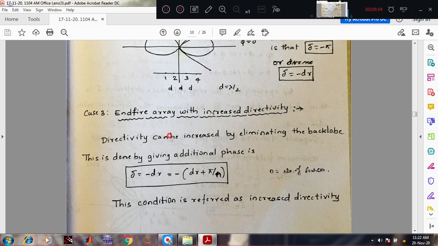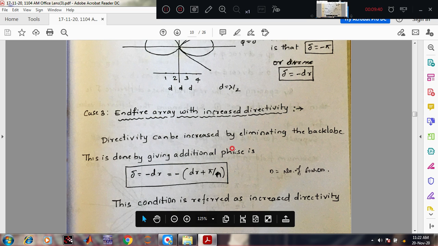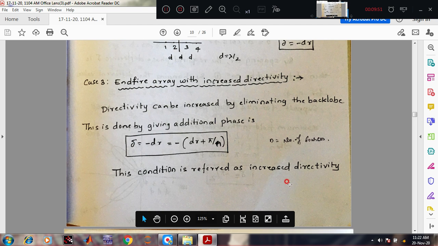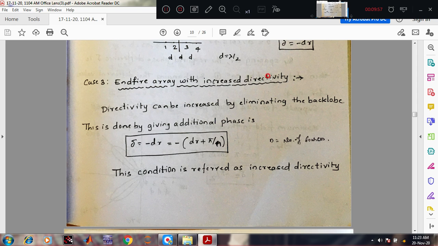Directivity can be increased by eliminating the back lobes, which are the undesired ones. This is done by giving an additional phase, that is delta is minus dr minus pi by n, where n is the number of sources. This is the treatment we need to give to the array elements to increase directivity, so this condition is referred to as increased directivity.